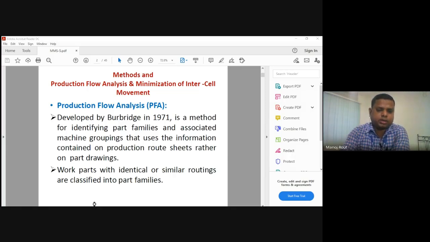Sorry for the technical error. Just a minute. Can you see the screen?